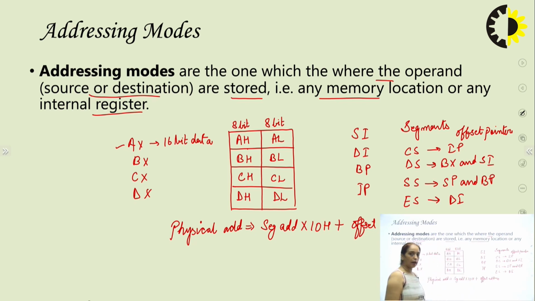By calculating the actual physical address, we find the address of any source operand which we have to move to another place.